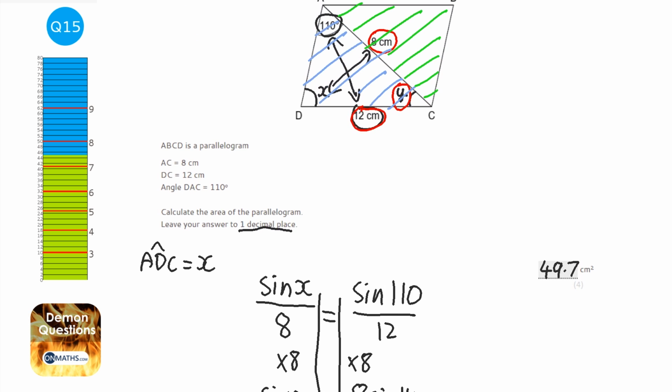Now that's why you must show your working out, because if you got say 49.8 or something, then if you can show that you've done all of the steps and the reason why you got slightly off was because you rounded some of your working out, you might get full marks, but you would get at least all but 1 mark for the question.